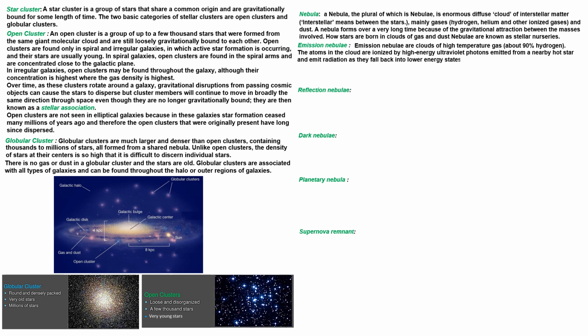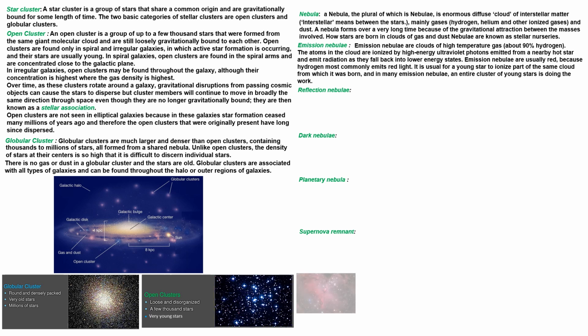Emission nebulae are usually red because hydrogen most commonly emits red light. It is usual for a young star to ionize part of the same cloud from which it was born, and in many emission nebulae, an entire cluster of young stars is doing the work.